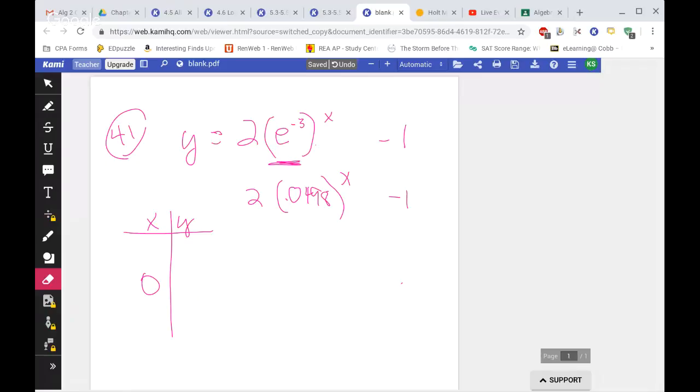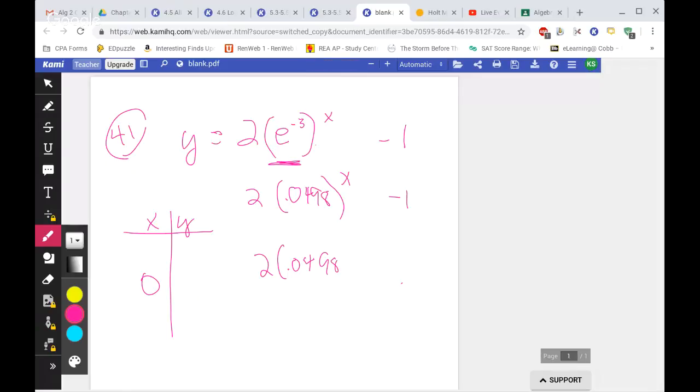So if I plug in a 0, 2 times 0 raised to the 0 power minus 1. And then you'll calculate that, and that'll be one of your points.